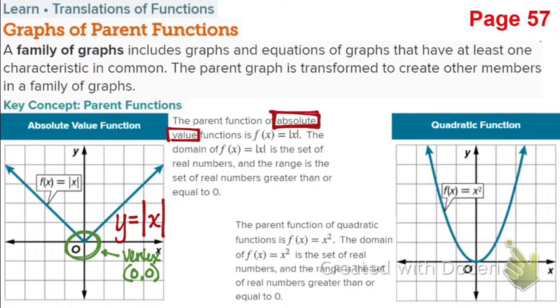Does that make sense? Okay. When I'm looking at absolute value, I can tell whether it's been shifted left or right, up or down, by looking at the bottom, at the vertex of that transformation. And I can count from 0, 0, because I know the parent touches at 0, 0. I can count how far I would need to go, left or right, up or down, to find the vertex of the new one.